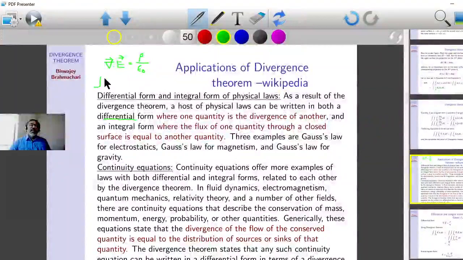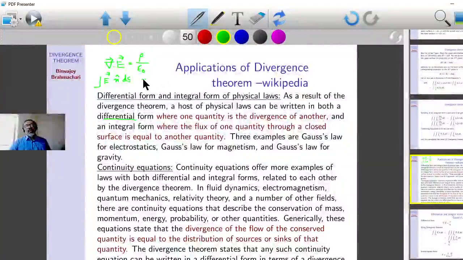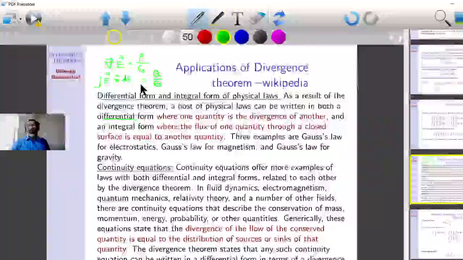Integral form is E dot n ds over a closed surface. That is the total flux over a closed surface. That is equal to the charge, electric charge, divided by epsilon naught. This is the integral form of first Maxwell's equation.